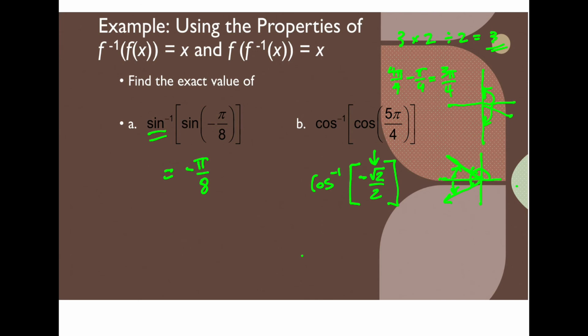That leaves us with one more 45 that would have taken us to pi there. And so the arc cosine of negative root 2 over 2 is 3 pi over 4, in the quadrant where the range of outcomes is allowed for the restrictions that we put on the original cosine function.